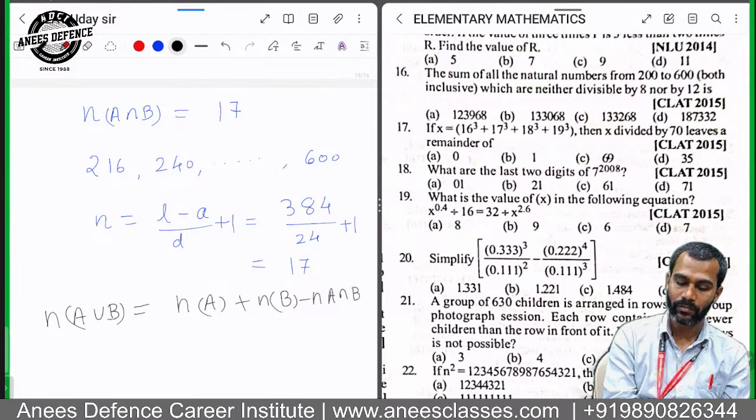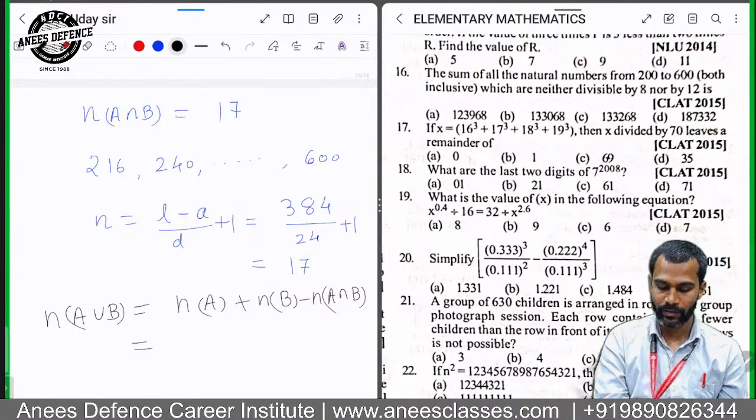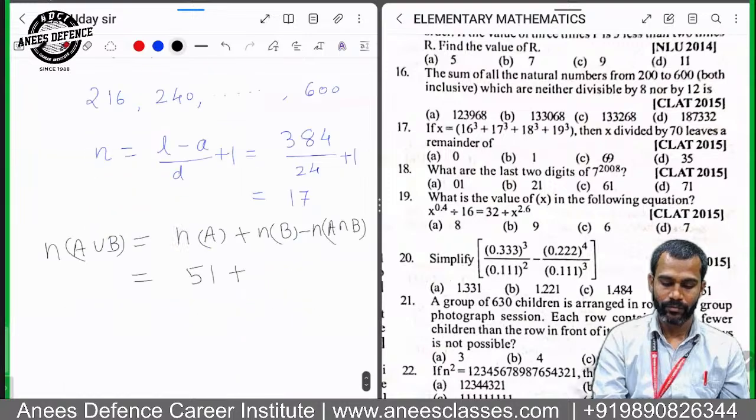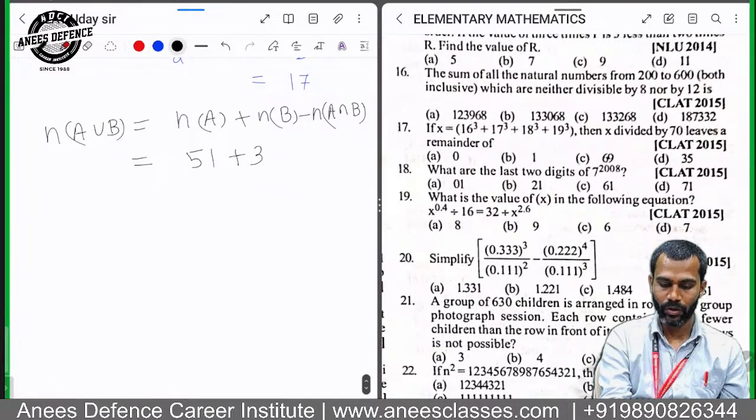Yes or no? Now tell me, what is N of A? 51. What is N of B? 34. And what is N of A intersection B? 17. So it is 51 plus 34 minus 17, that is 68.